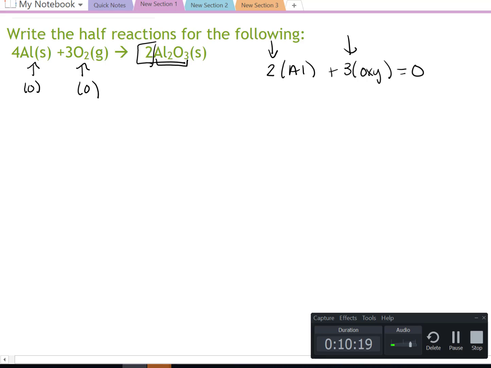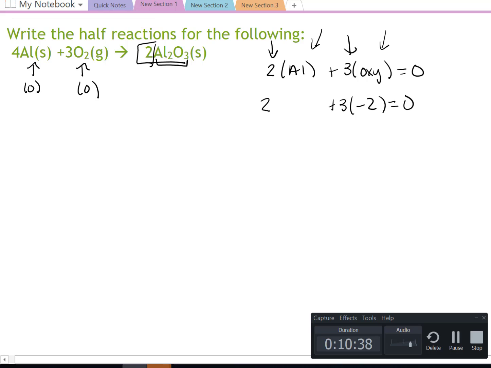As we go from this reaction, we need to find the oxidation states for these 2. We know oxygen is going to be -2 based upon the chart and priority, and then we have to figure out what aluminum is based upon oxygen.